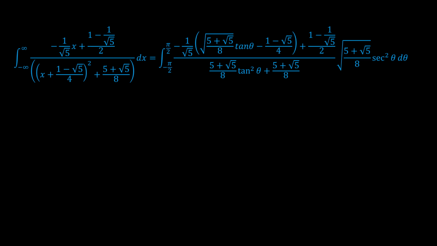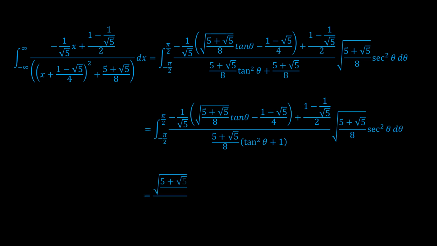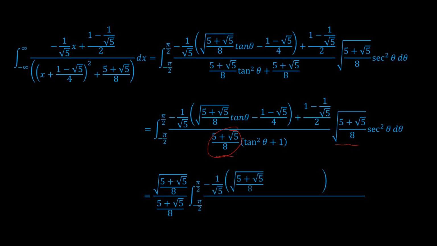And then in place of dx, we have the square root of 5 plus root 5 over 8 sec squared theta. So we can go ahead and pull this constant out, right? We pull it out, and we have tan squared theta plus 1. And then we can pull this constant and this constant out. So we have the square root of 5 plus root 5 over 8 over 5 plus root 5 over 8 out here.